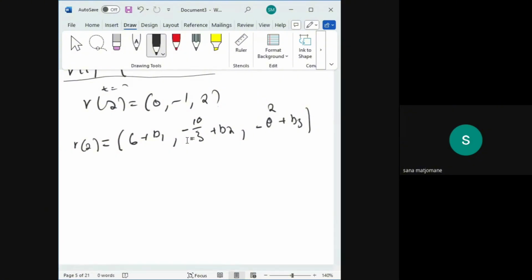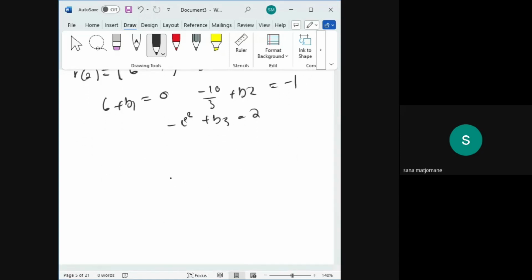Who can tell me the next step, guys? We equate with the initial conditions. So 6 plus d1 is 0, negative 10 over 3 plus d2 is equal to negative 1, and negative e squared plus d3 is equal to 2.